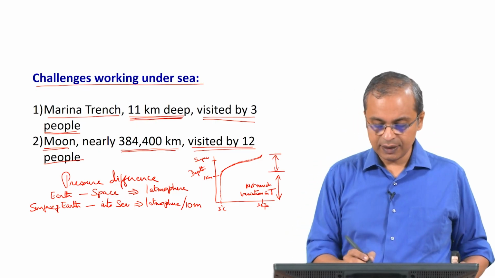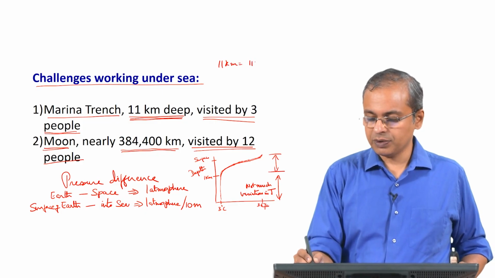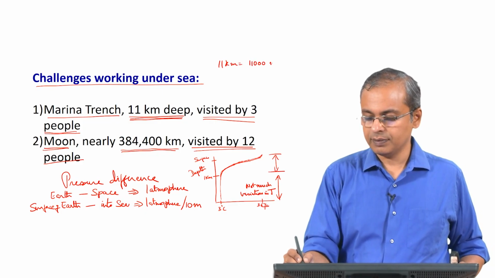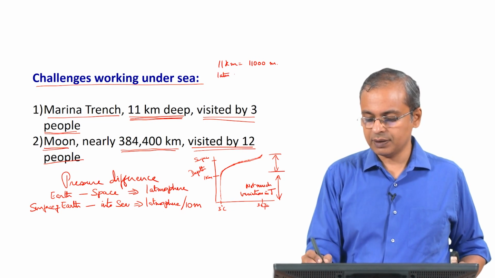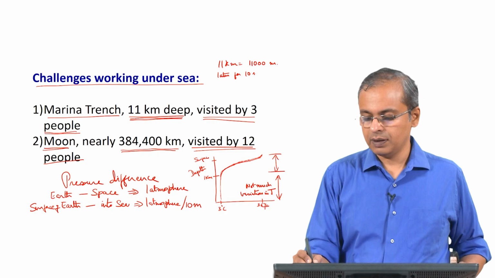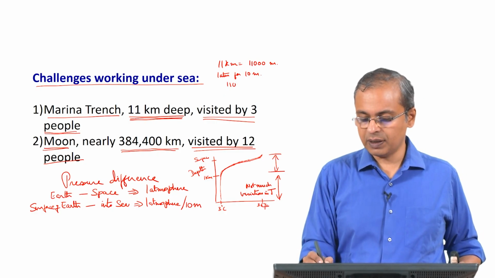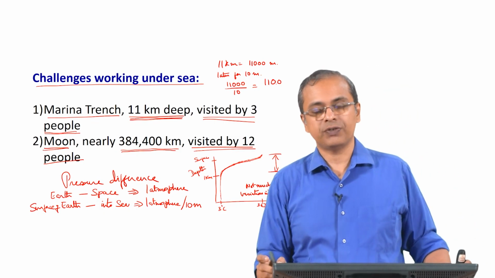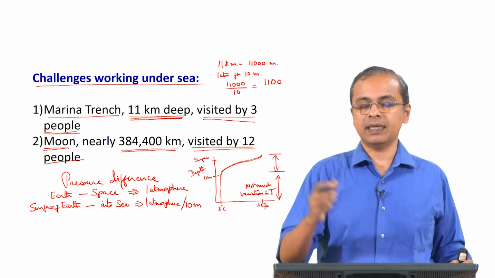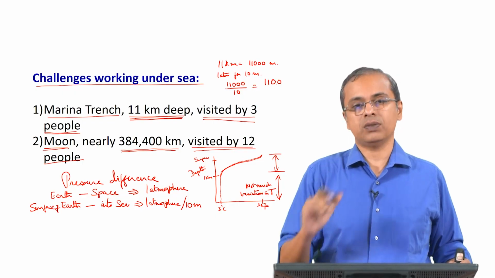So, 11 kilometers is 11,000 meters and it is 1 atmosphere for every 10 meters. Therefore, the total pressure difference is 11,000 divided by 10, more than 1000 atmospheres. The difference in pressure between the inside and outside of that vessel is more than 1000 atmospheres.